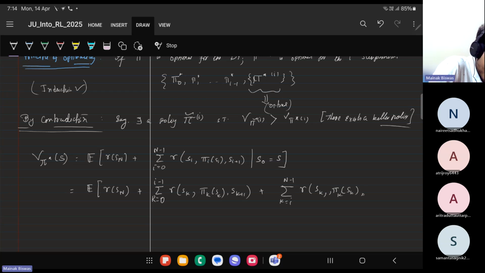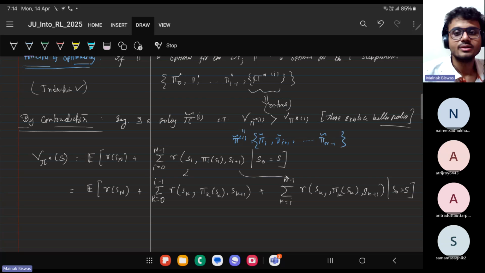I'm just going to write it down and then I will ask for a trick. So again, to recall, I just wrote it down as two sums. Why did I write it as two sums? Say pi tilde I is equal to pi tilde I plus 1, and so on, pi tilde n minus 1.